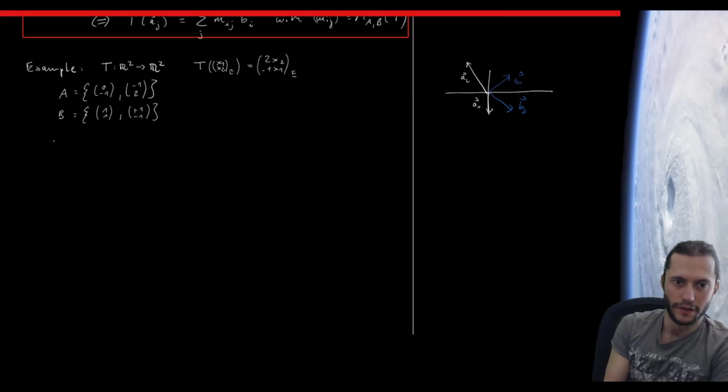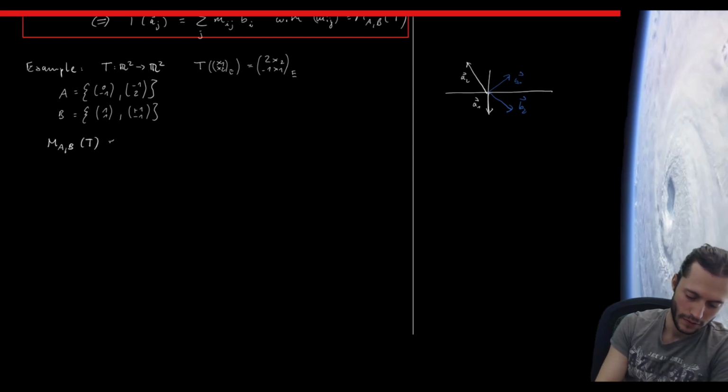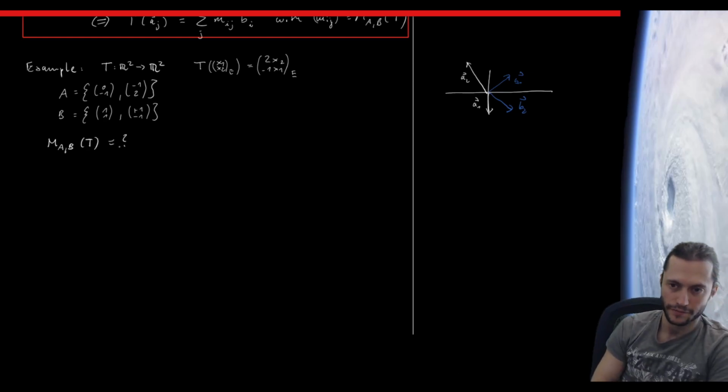Now we want to find the representation matrix of this map T regarding starting basis A and finish basis B, so to say. So we are looking for M_AB representing T equals question mark. Now we really strictly follow the scheme in the red box.